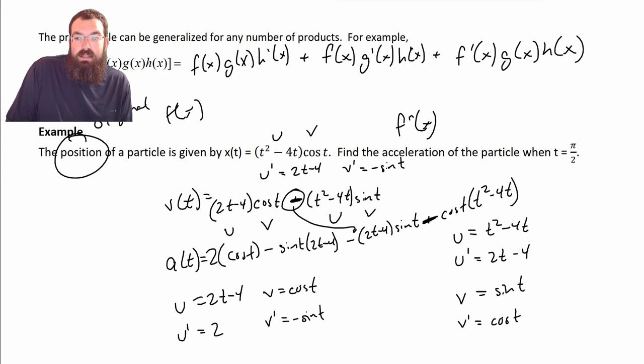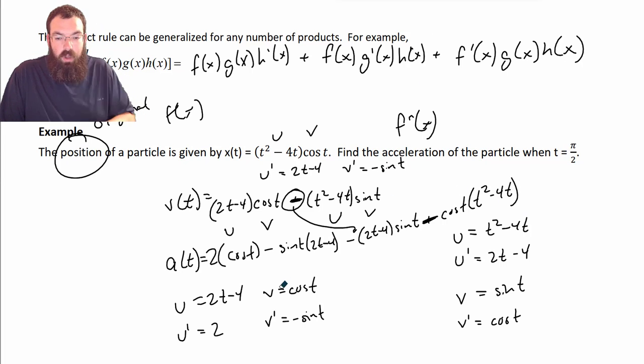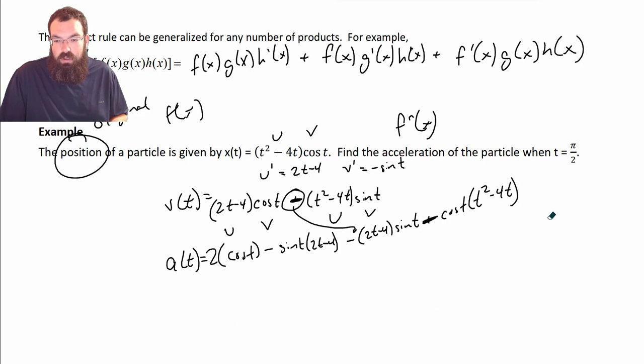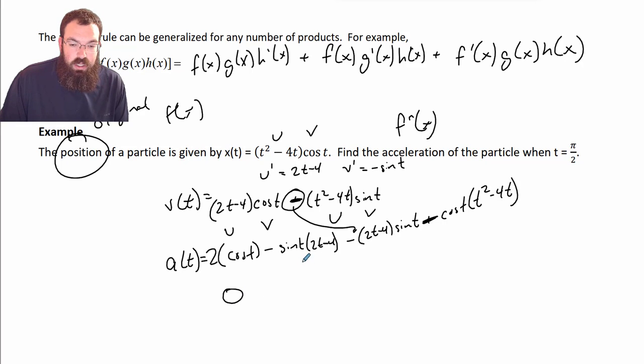We're not done yet. Why not? Well, because we didn't plug in pi over 2. So we have to plug in pi over 2 here. So when I plug in pi over 2, cosine is just 0, so that's 0. Minus, that's 1 times, pi over 2 times 2 is just pi, so pi minus 4.